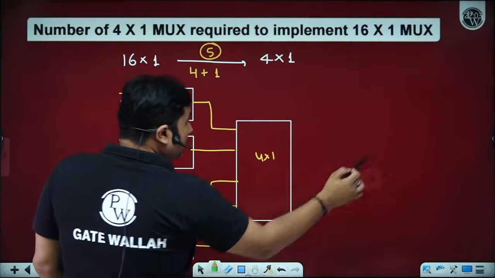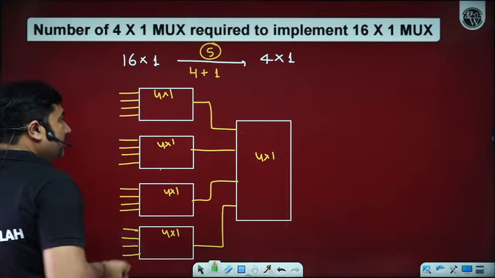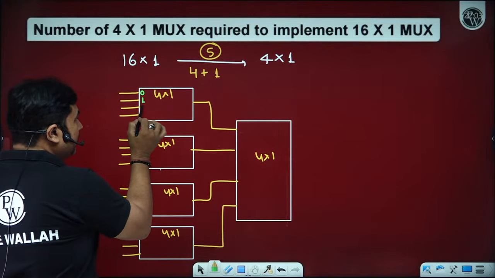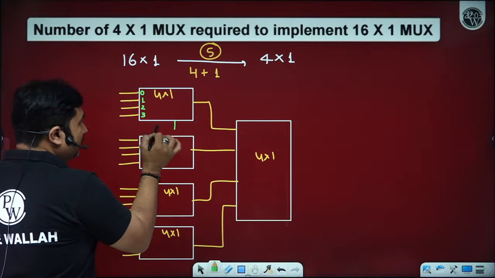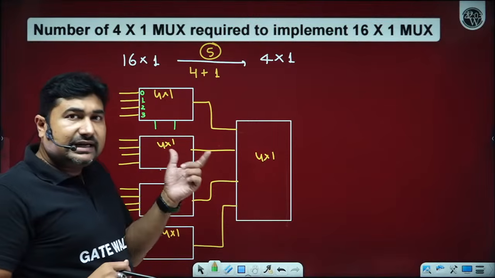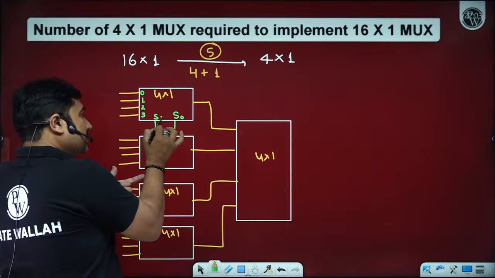Now, first of all, we have to mark the representation of the pins. We have I0, I1, I2, I3 pins. For these 4, we have 2 select lines. Inside the multiplexer, select lines are always indicated as LSB, MSB.